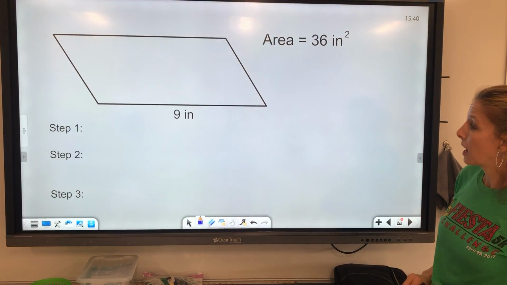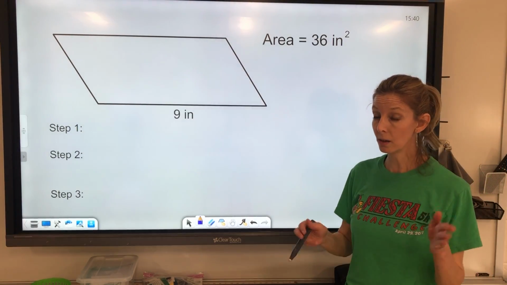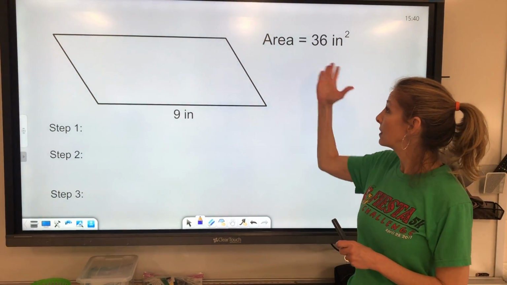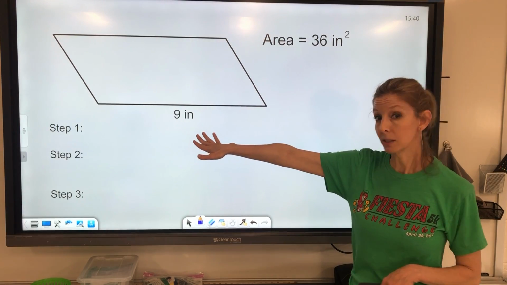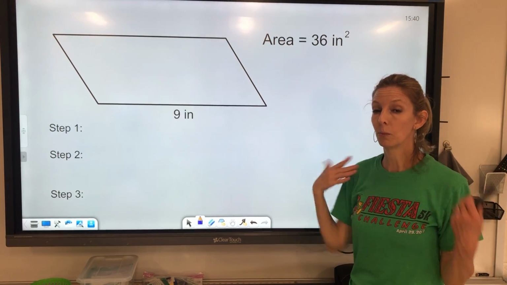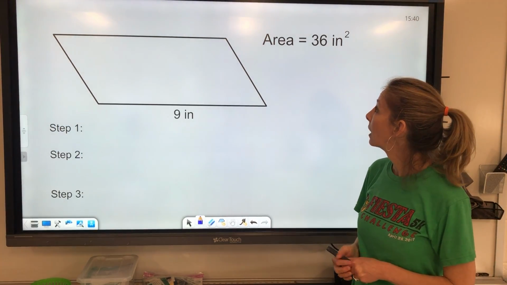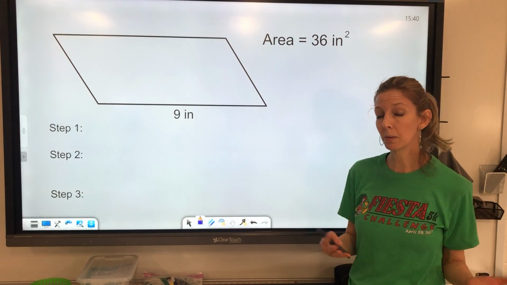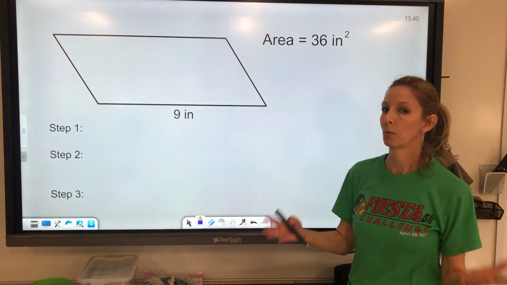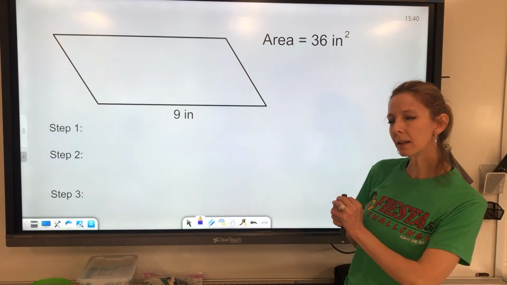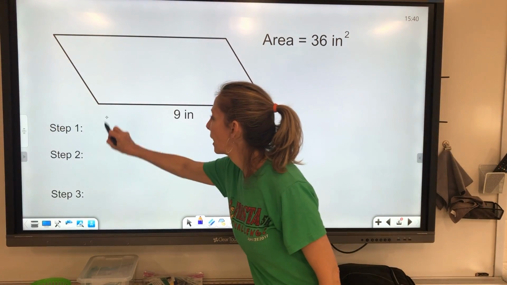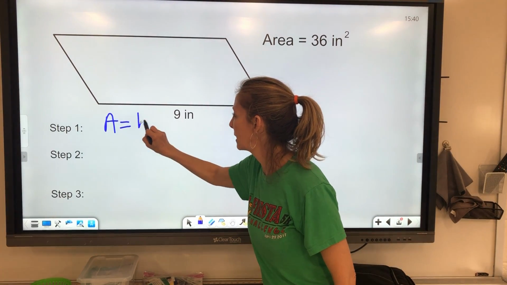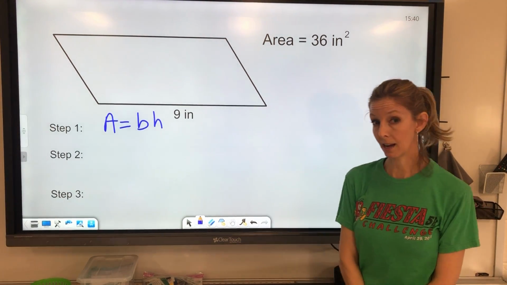All right, so here we're gonna try one last example where they've given us the area, they've given us one of the measurements, and we have to find the height. All right, so do you remember what the first step is? Write the formula. It's a parallelogram, so area equals base times height.